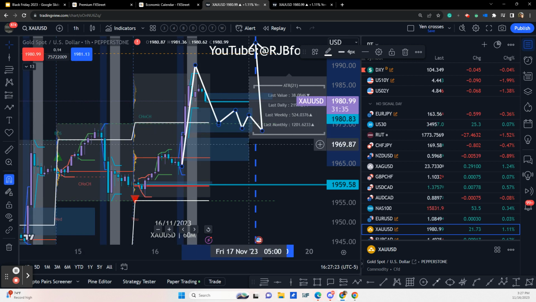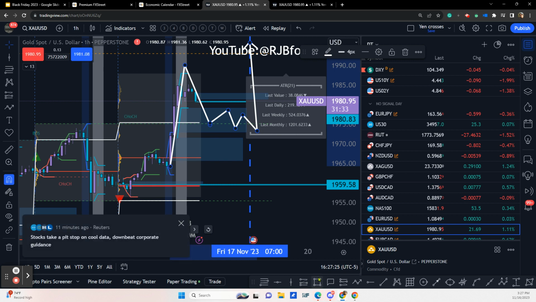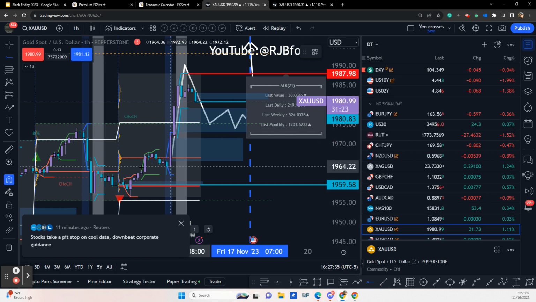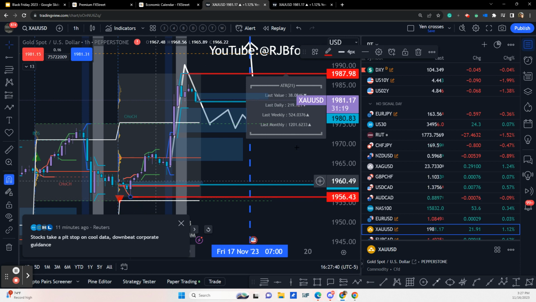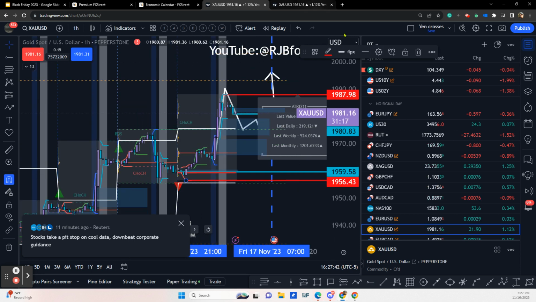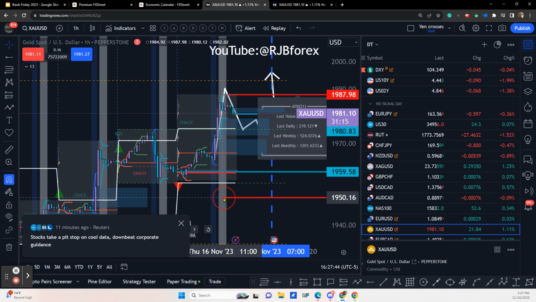I also will have information as to the high of today up here, so I'll mark that red for resistance. And I'll have the low, which is already there, as you can see. I'll mark that as green. And for some reason, it's not giving me the low. Okay, because we haven't closed yet, so that's fine. But it will be there.